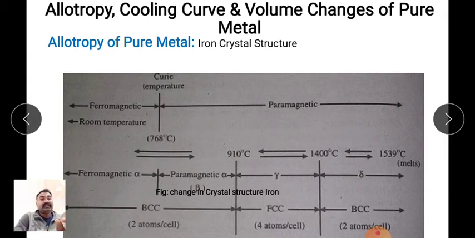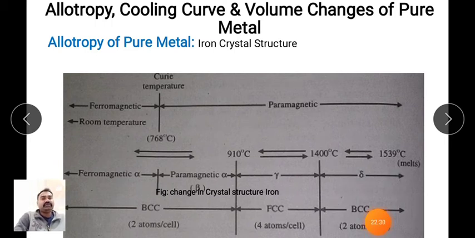That double arrow represents reversibility, meaning while heating the same phases occur, and while cooling the same phases occur, at different percentages of carbon and temperature.